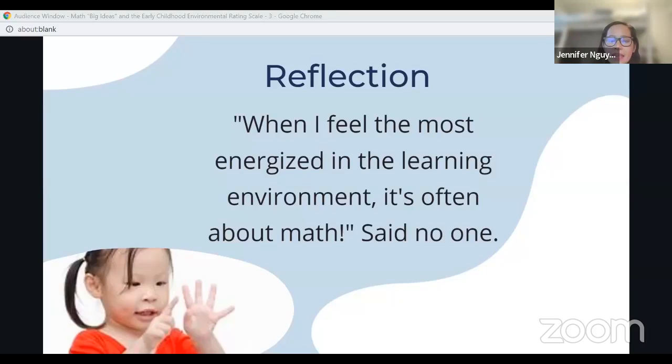And then ways to make math energized, alive, and exciting for children are some of the reasons why maybe not many educators report that math is their jam. But I'm here today to emphasize that math can be hands-on, it can be whole body, it can be fun, it can be energizing, and it's easy to learn about the basic concepts that we can be teaching in our preschool learning environments.